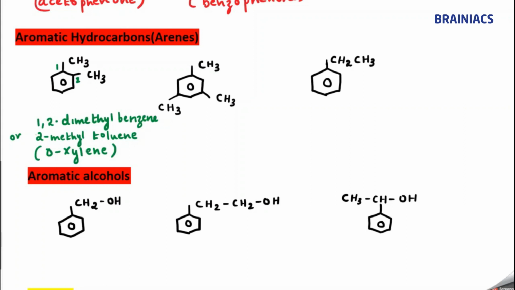Now, what is the name of this compound? Can anybody name it? 1, 2, 3, 4, 5, 6. So, what is the name of this compound? I can say this is 1, 3, 5 trimethyl benzene. 1 comma 3 comma 5 trimethyl benzene.